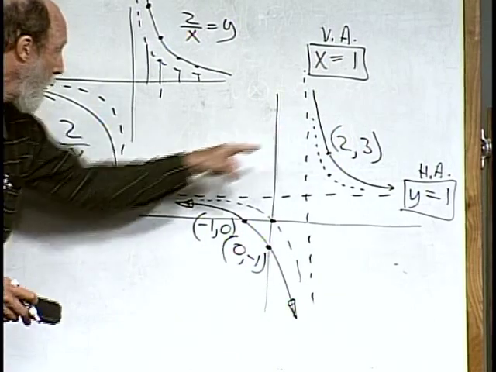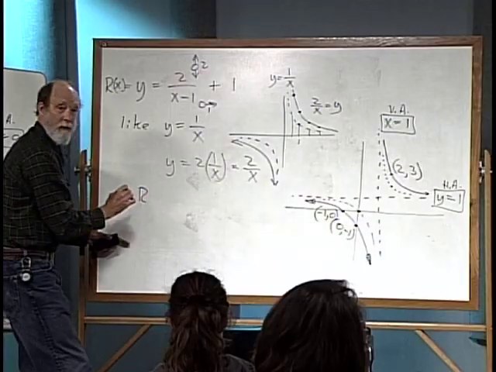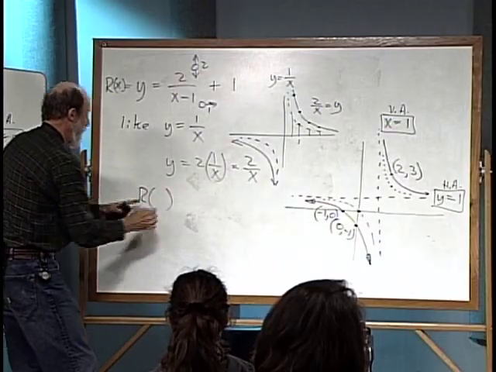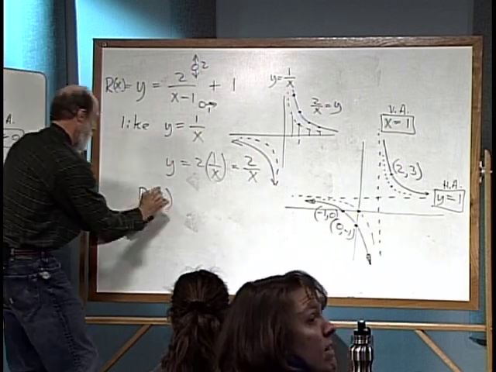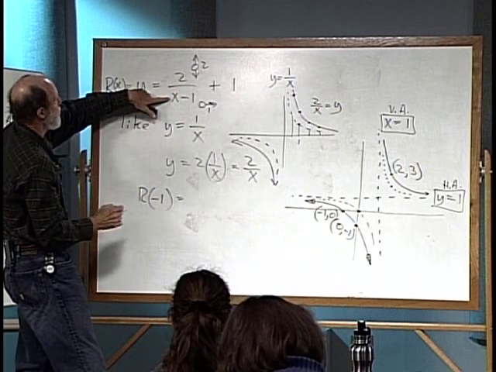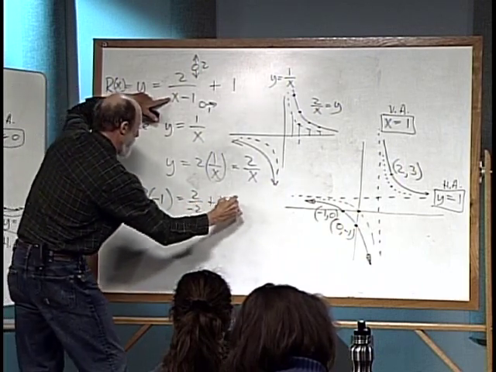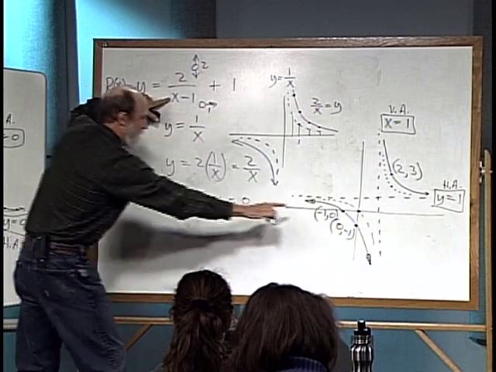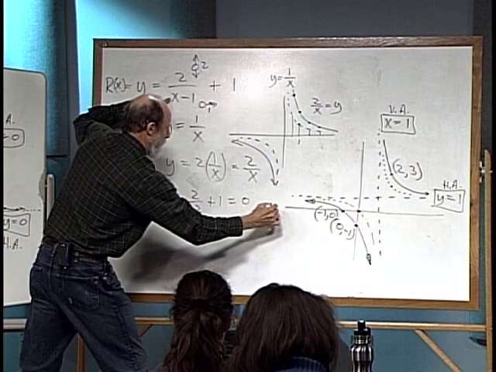How can we check those points? We can try putting those inputs into our r of x up here. So let's try putting -1 in for our input. Put -1 in, I get 2 over -2 plus 1 is 0. Checks. -1, 0 works.